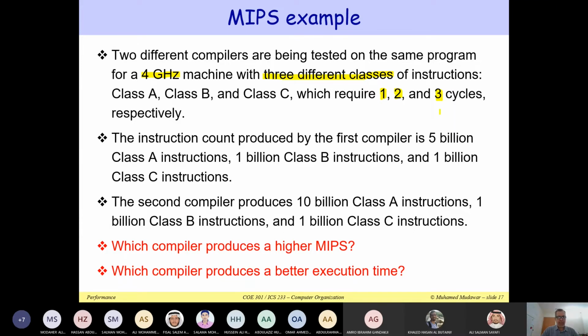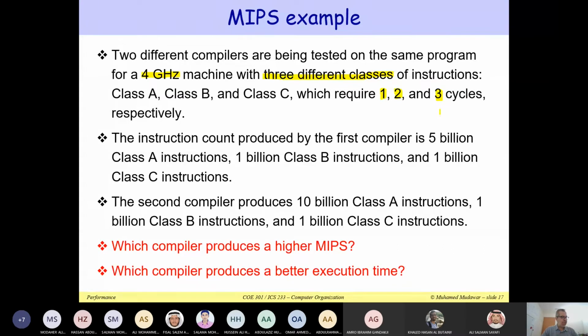Suppose that the first compiler produces, after translating the program and running it, you count the total number of instructions that were executed at runtime. The compiler does the translation, it's a translator from high level into assembly and eventually machine language.